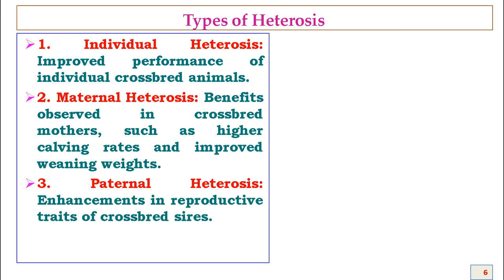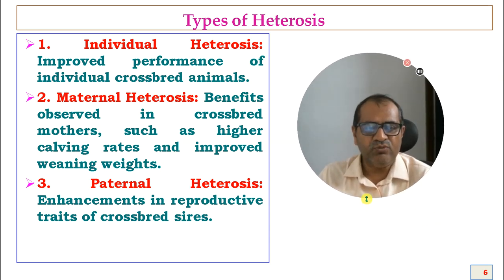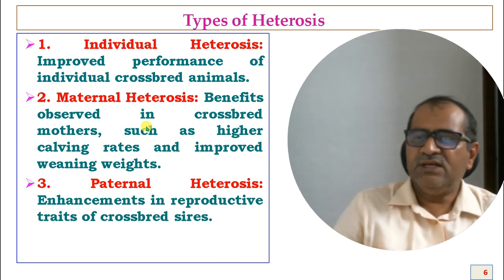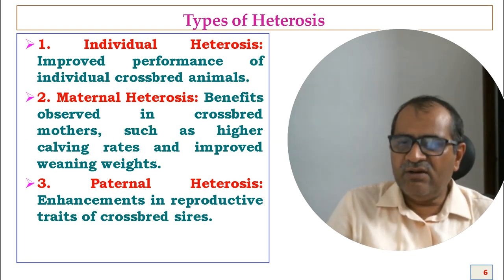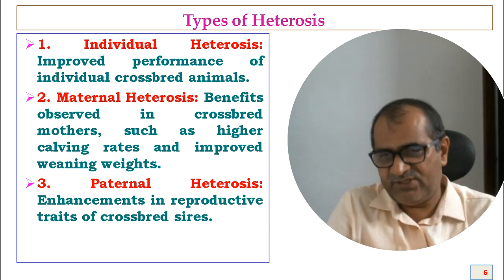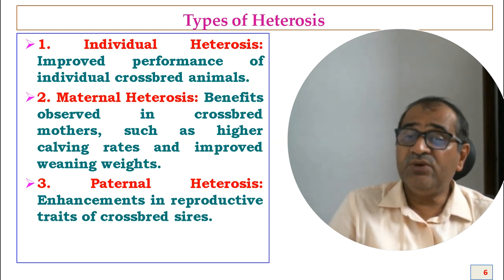The number one is individual heterosis. It is the improved performance of the genetic traits and benefits of the crossbred animals. Here the second one is maternal heterosis, which is the benefit observed in crossbred mothers, such as higher calving rates and improved weaning weights.